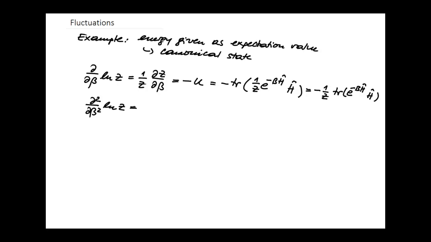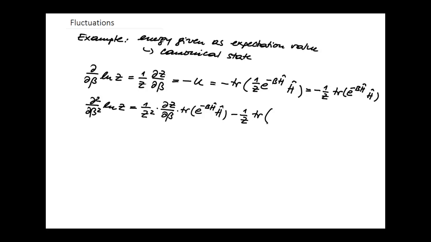We have a product, minus 1 over partition function times the trace. According to the product rule, we first have to take the partial derivative of minus 1 over the partition function, and that is equal to 1 over the partition function squared times the inner derivative, so the partial of z with respect to beta, times the trace. And then we have minus 1 over partition function times the partial derivative of the trace with respect to beta.